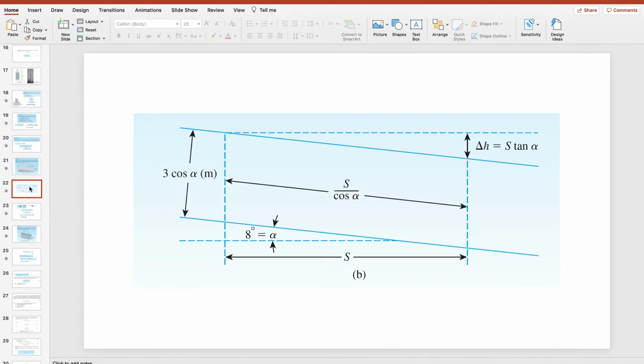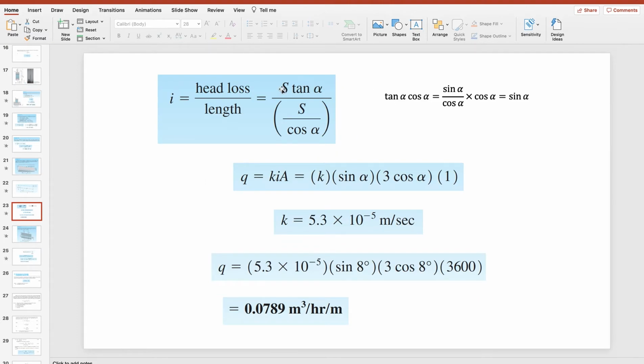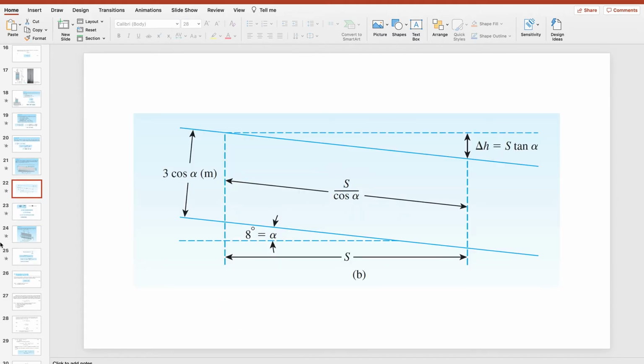So for the value of I, take note, the hydraulic gradient is delta H over L. This is our length. So that would be delta H over L. Delta H is S tangent alpha and L is S cosine alpha.